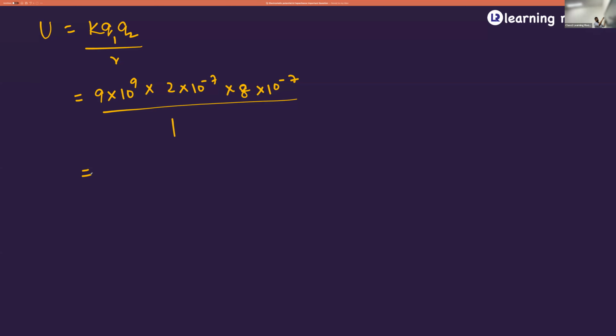So 16 into 9, it's going to be 144 into 10 power 9 into 10 power minus 14. It is going to be 10 power minus 5. So can I write this as 1.44 into 10 power minus 3 joule? Or I can also write it as 1.44 millijoule. Clear? So this is going to be the answer for potential energy.